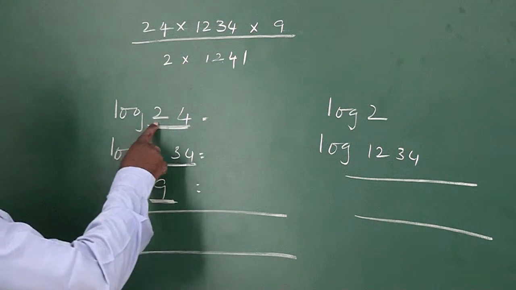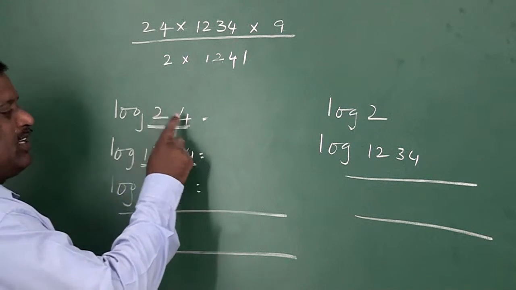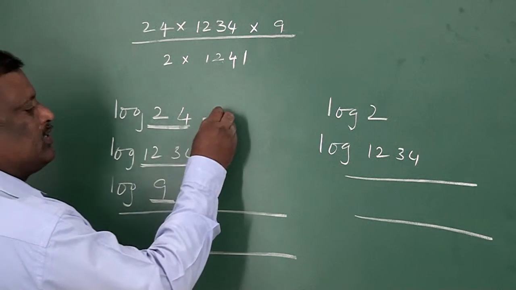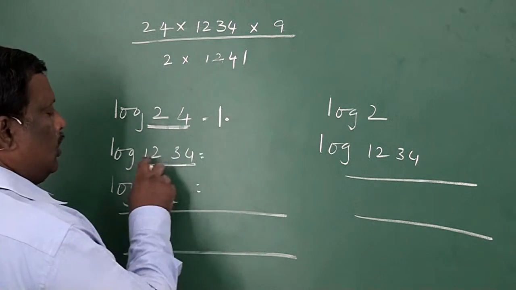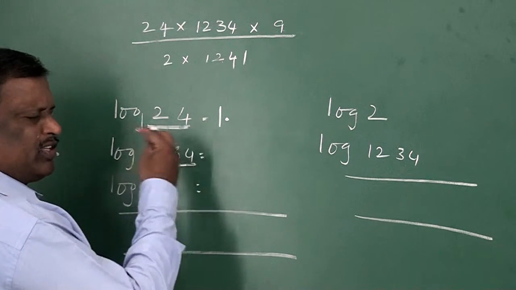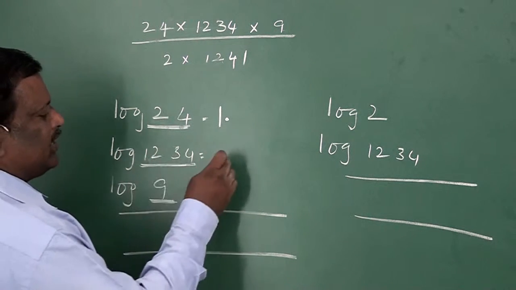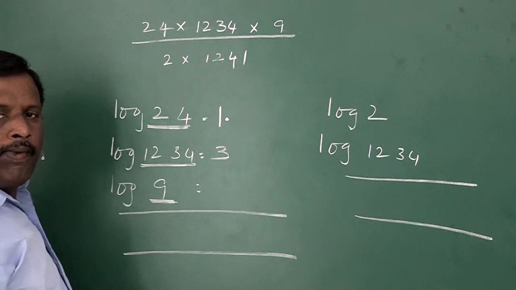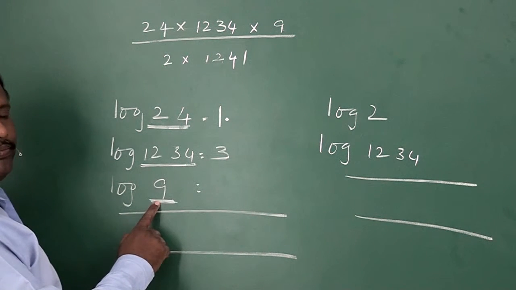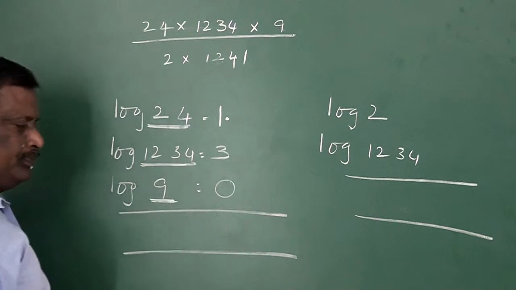In 24 you have 2 digits, so its characteristic is 2 minus 1, that is equal to 1. For 1234, whatever the numerical value it may be, the number of digits is 4, so its characteristic is 4 minus 1, that is 3. Here you have 9, only one digit is there, so its characteristic is 0.